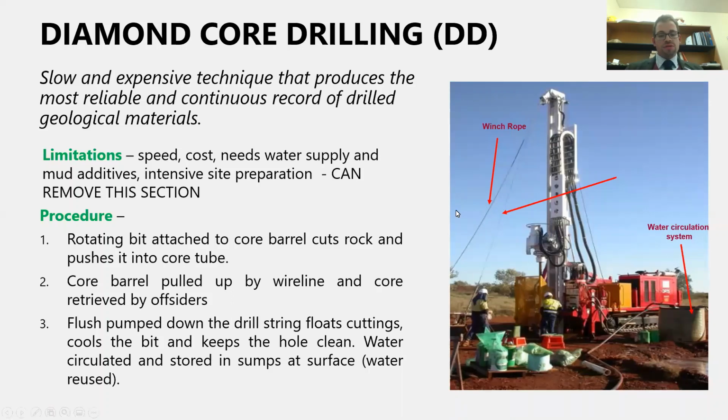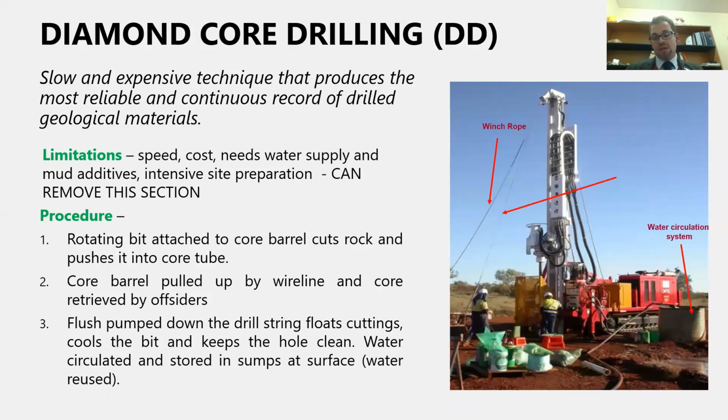Drilling usually works by this drilling bit, which is rotated at quite a high speed, and the bit is cutting into the bedrock, and the rock that's being cut out, if you like, is being pushed into the inner tube, into the core barrel.